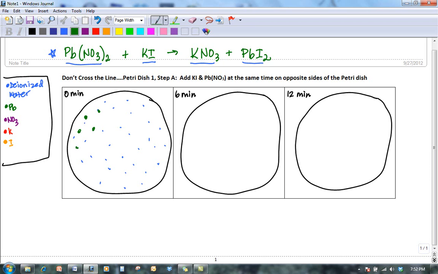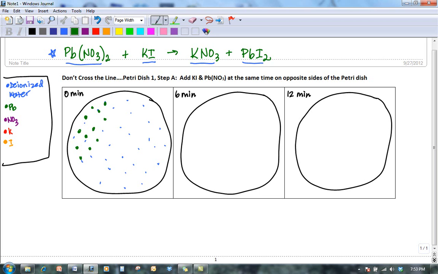Remember that you had to put about 6 drops of lead nitrate into the Petri dish. Now remember though that these drops were rather large. You know, 1 drop did not equal 1 compound, 1 molecule of lead nitrate. So there were multiple of those in that 1 little drop.